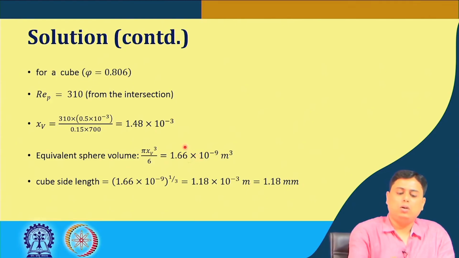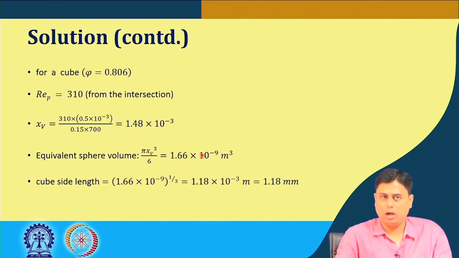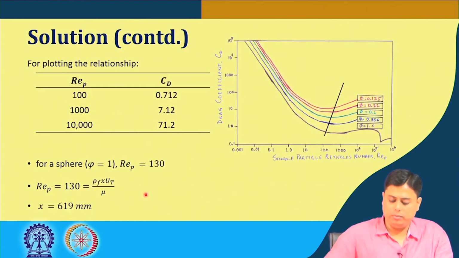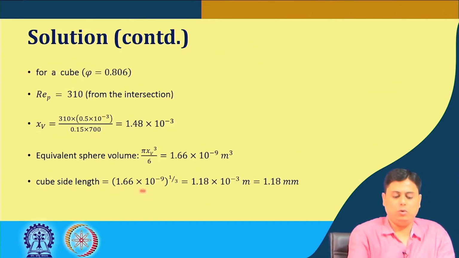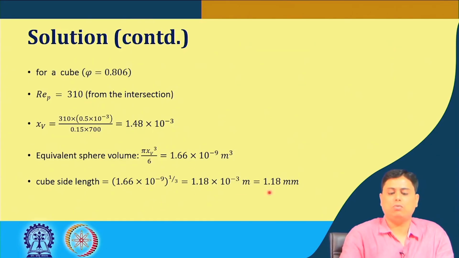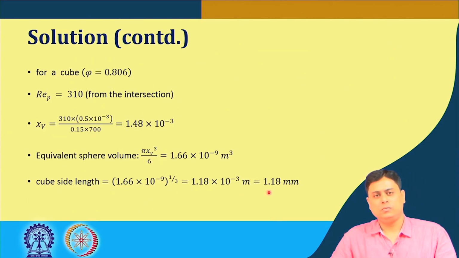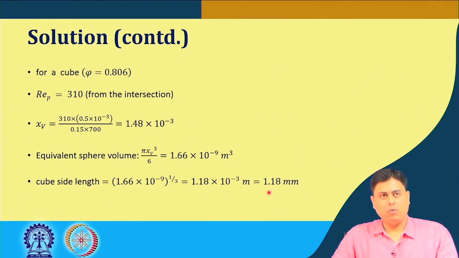If this is the equivalent sphere volume of the cubic particle, one side length of this cube will be the cube root of this value, which is 1.18 millimeter.